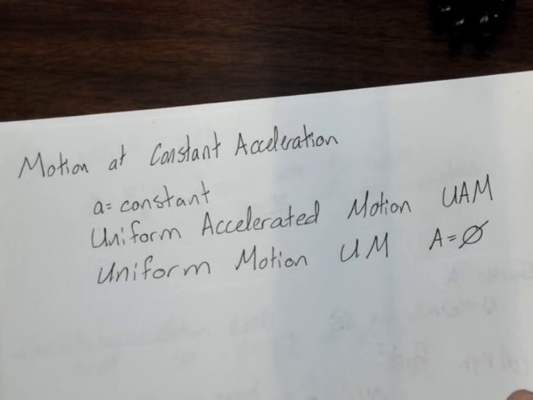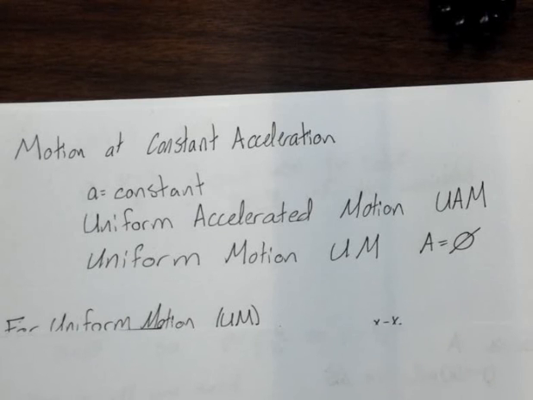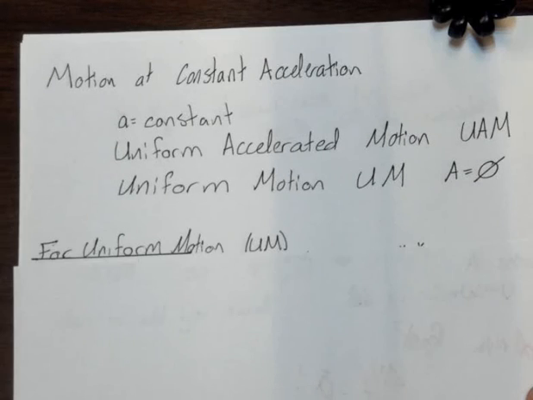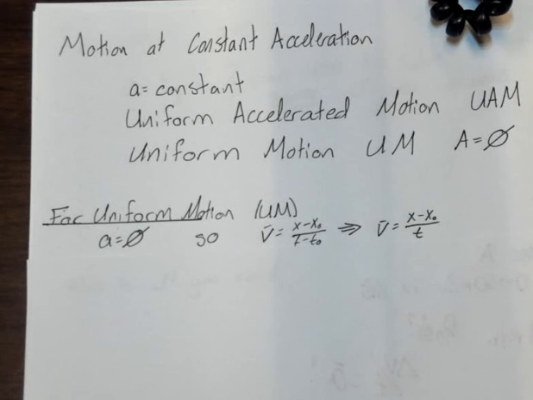Uniform motion, on the other hand, is motion that has no acceleration. The velocity was constant, the same velocity all along the way. So for uniform motion, it's pretty straightforward. In that situation, acceleration is 0.